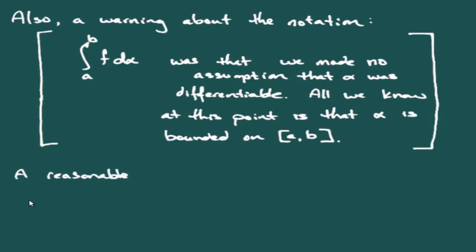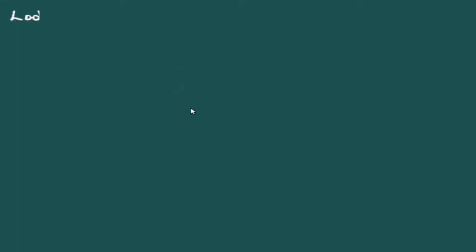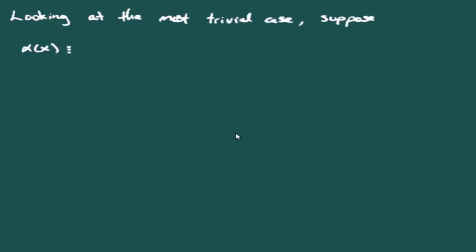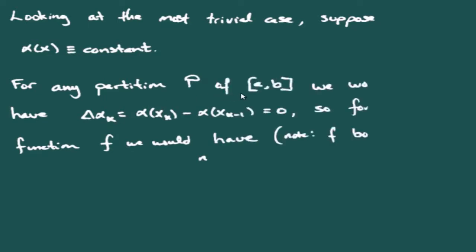But at this point, after that word of warning, a reasonable question you should be thinking about is, all right, so when is this integral actually going to exist? Looking at the most trivial case that we can possibly come up with, what if alpha of x is constant? Then we really do get something trivial, in that if we take any partition of [a, b], then delta alpha sub k, just being alpha of x sub k minus alpha of x sub k minus 1, is going to be 0 for all of our x's.